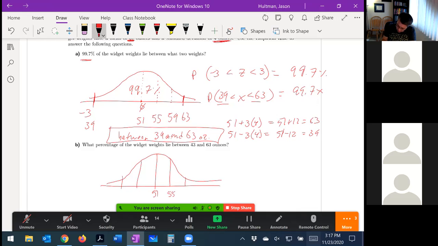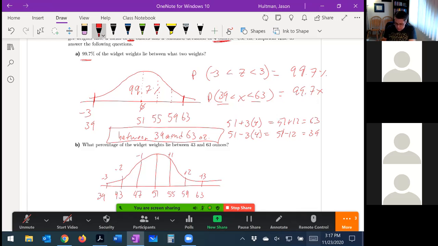So this is plus 1, plus 2, plus 3. This is 59 and 63. So this is minus 1, minus 2, minus 3 was 39. 51 minus 4 is 47. Minus 4 again is 43.